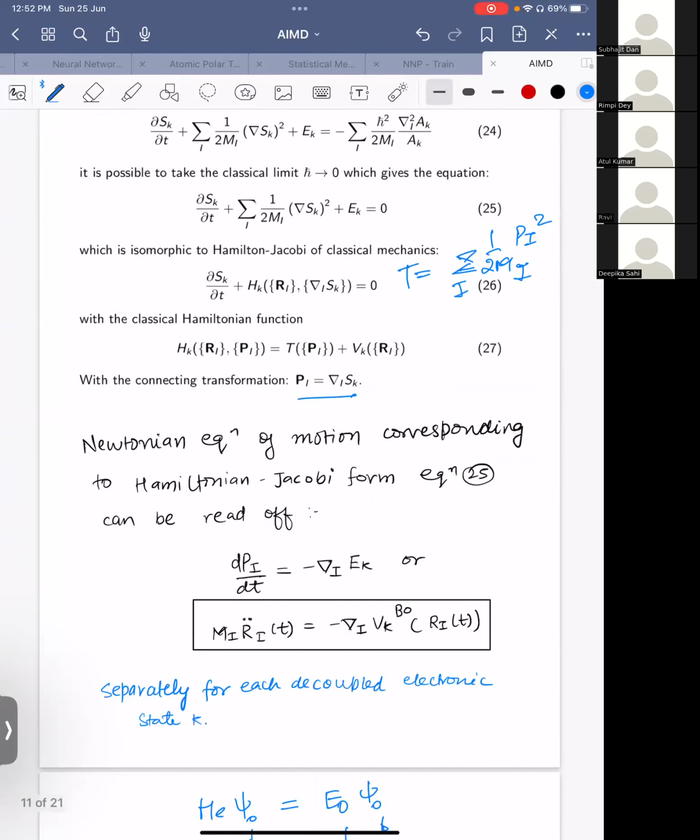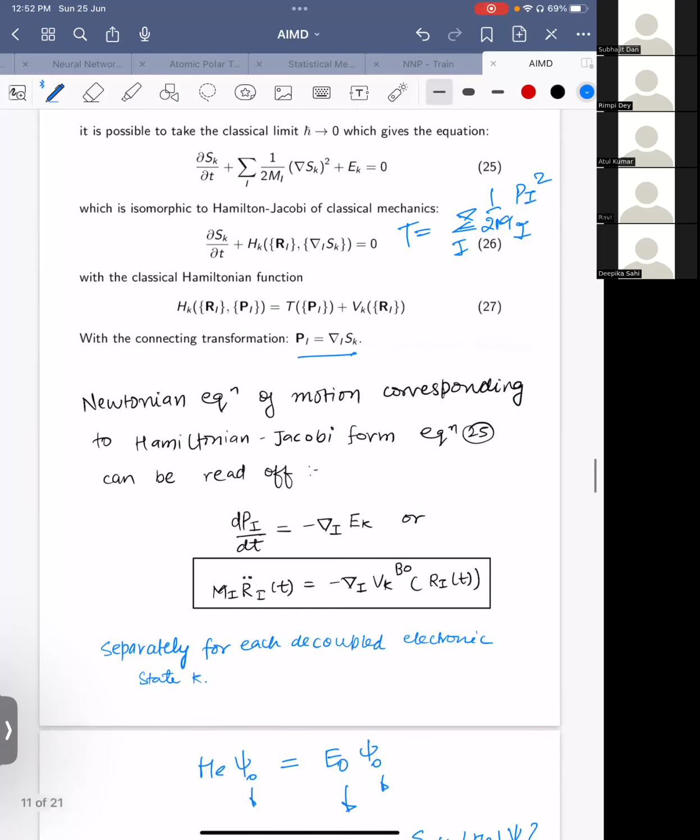Okay, basically from this quantum mechanical equation for nucleus and electron, we are doing the molecular dynamics simulation, and molecular dynamics simulation we have to do classically. So basically we are transforming this quantum mechanics to classical mechanics to integrate the equation of motion.